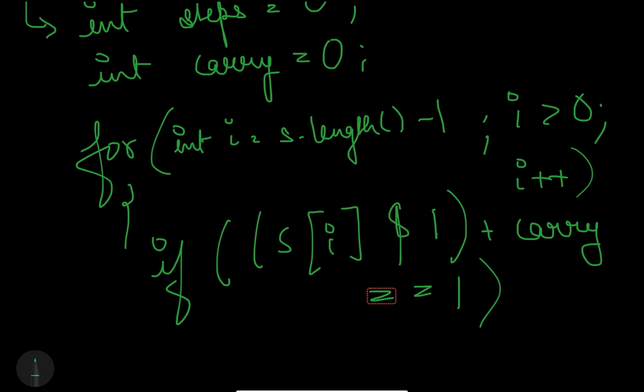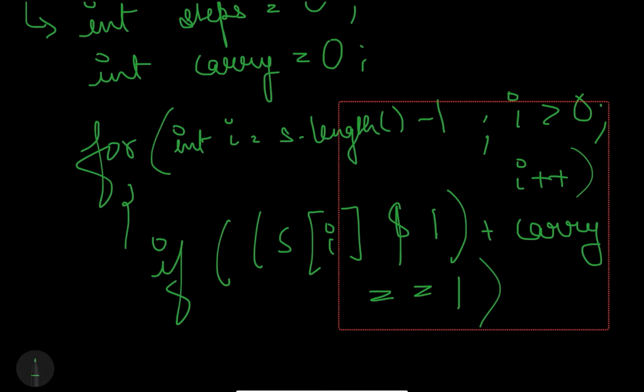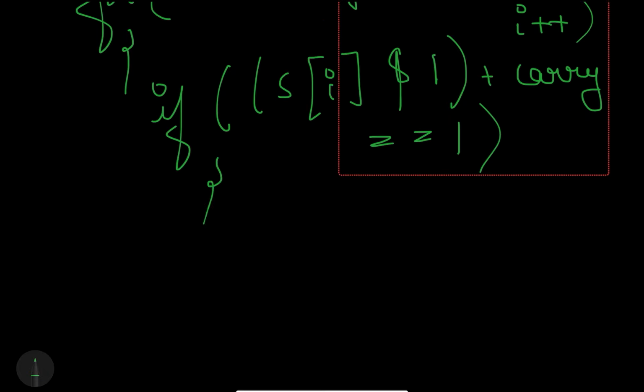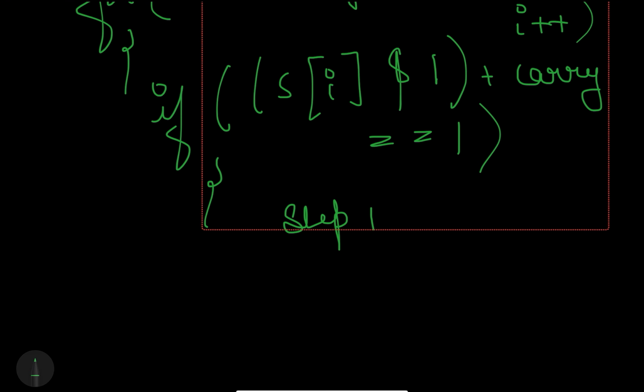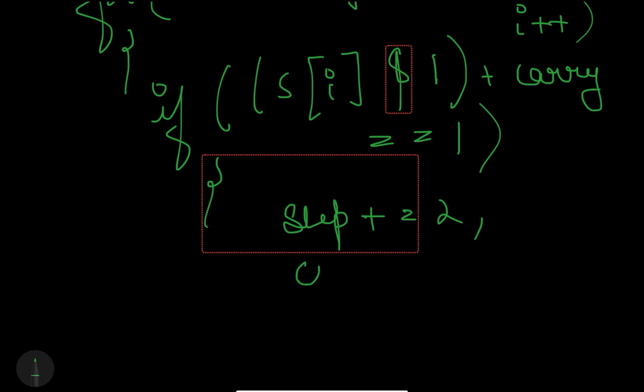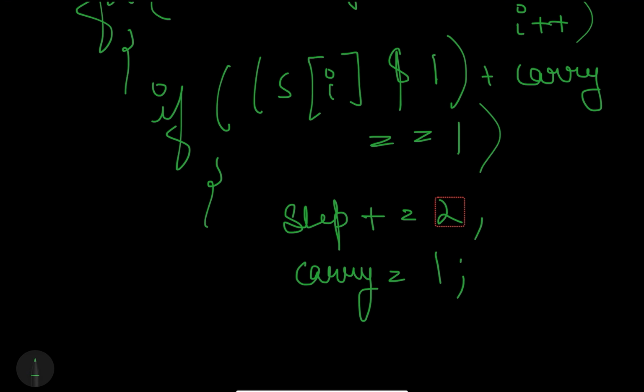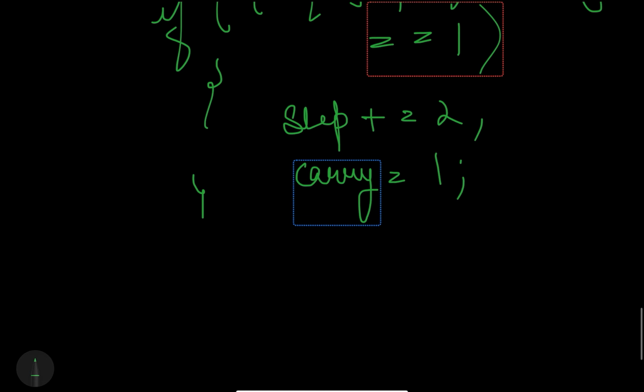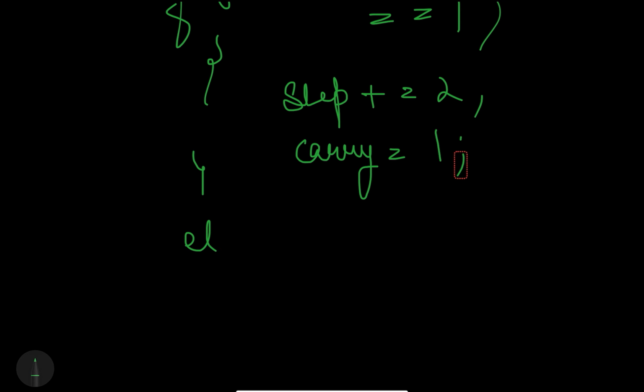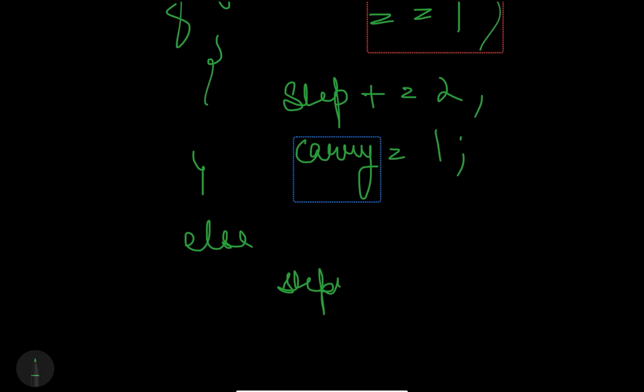If current bit plus carry is odd, then we do two operations, so the number of steps is incremented by 2, and we generate an additional carry of 1. And if it is even, then we update our steps by 1 only. Okay, that we have checked.